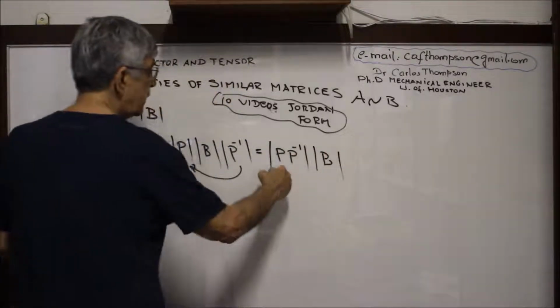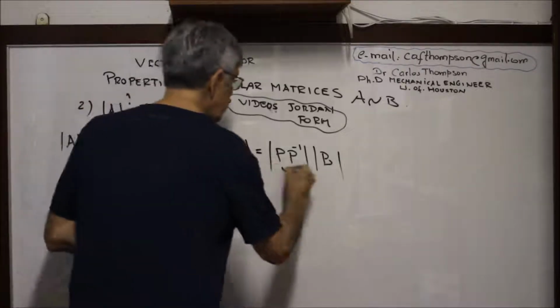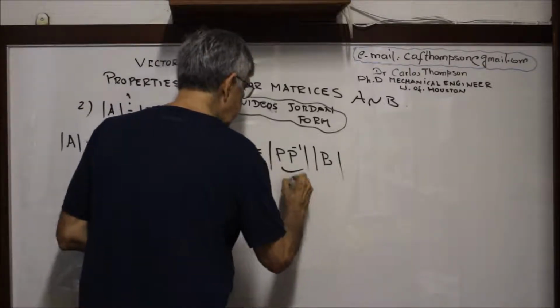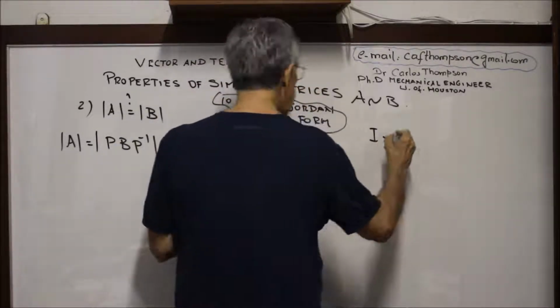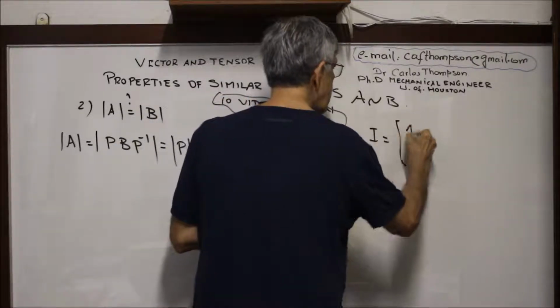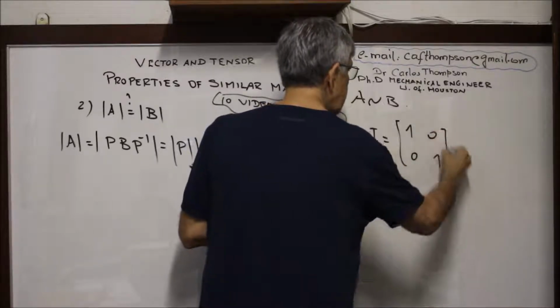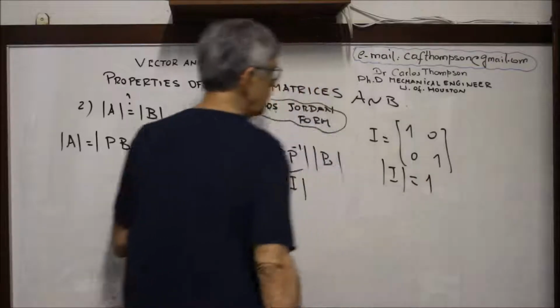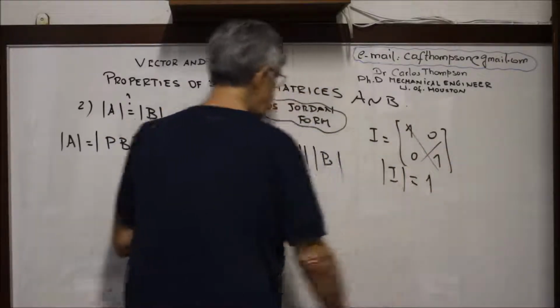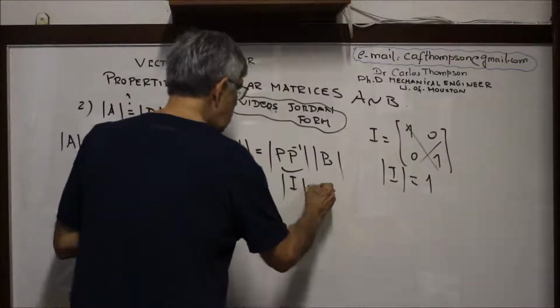You see, determinant of P minus 1 is determinant of I. Okay, let's make a 2 by 2 matrix, 1, 0, 0, 1. So determinant of I is 1 times 1, which is 1. See, this times this minus this. So this is equal to 1.